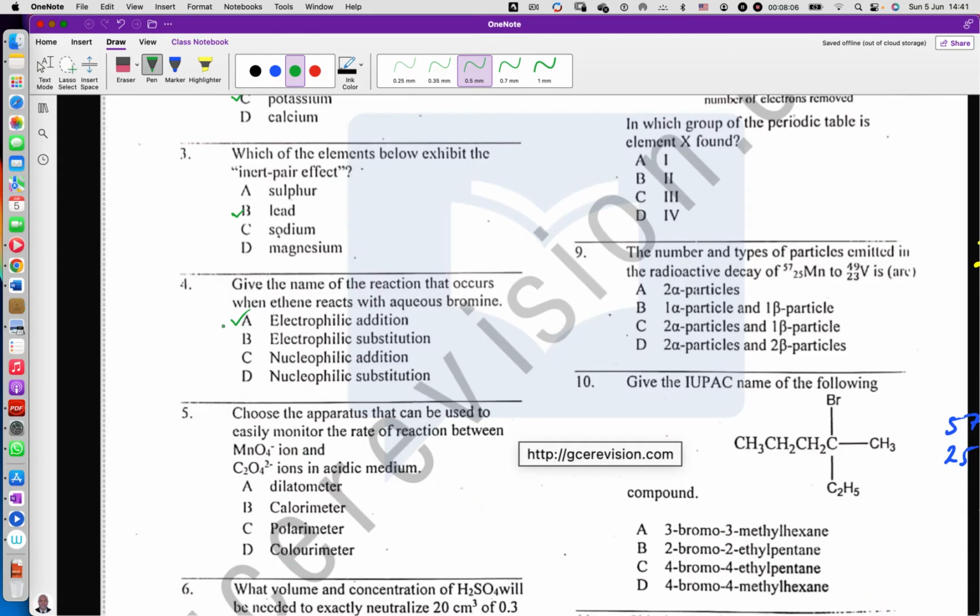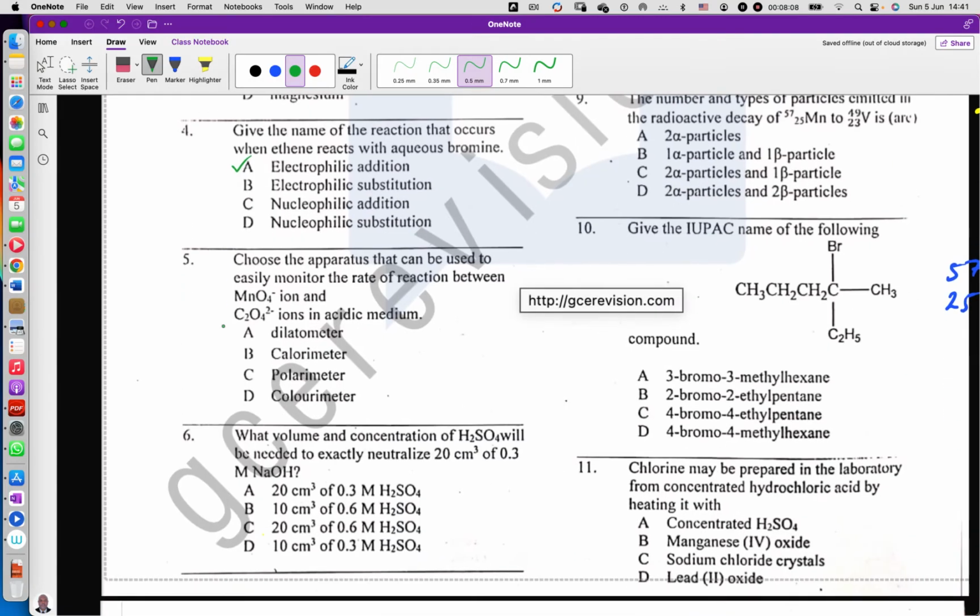Question number 5. Choose the apparatus that can be used to easily monitor the rate of reaction between manganate(VII) ion and ethanedioate ion. Remember that manganate(VII) ion is purple in color.